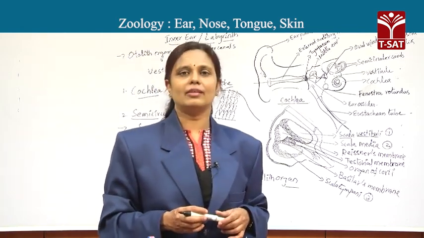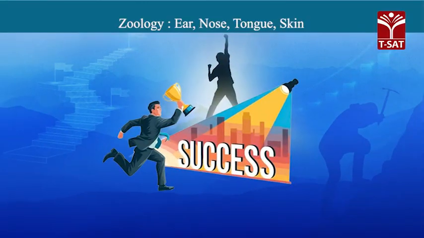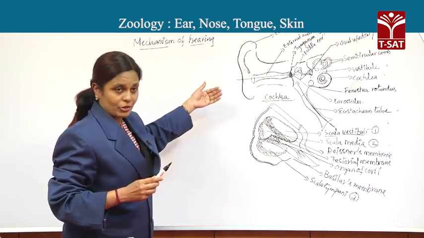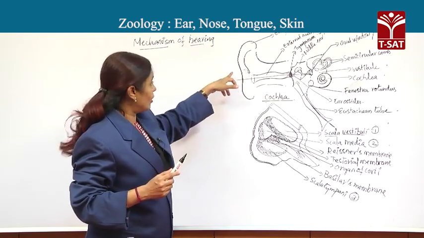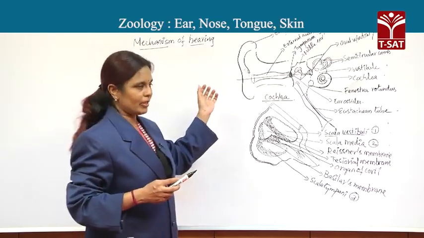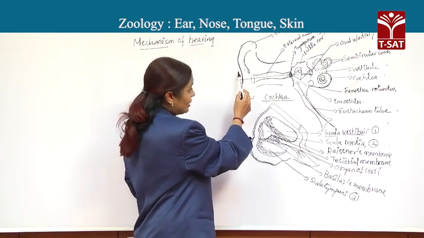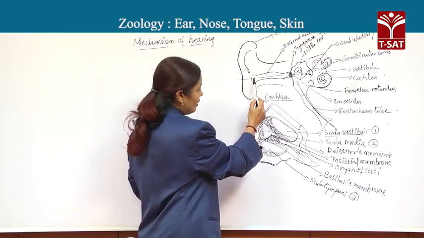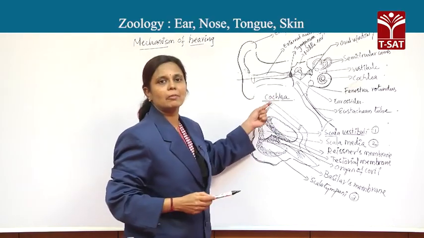Let us learn a bit also about mechanism of hearing. So, when we studied about the structure of the ear, we learned that the ear pinna or auricle is specialized in receiving or collecting sound vibrations from the air. Now, these sound vibrations collected by the ear pinna travel through the external auditory canal that ends up in tympanum.